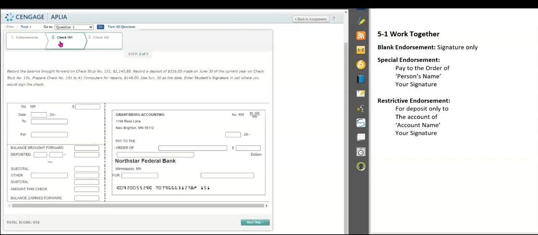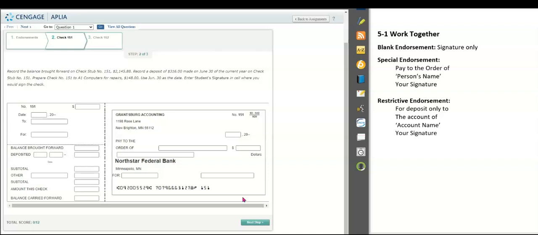All right, on step 2, we're actually going to fill out some checks. It tells you to record your balance brought forward on check stub number 151 of $2,145.88. So this is your check stub, this portion right here on the left, and this is like the little tear off, okay?